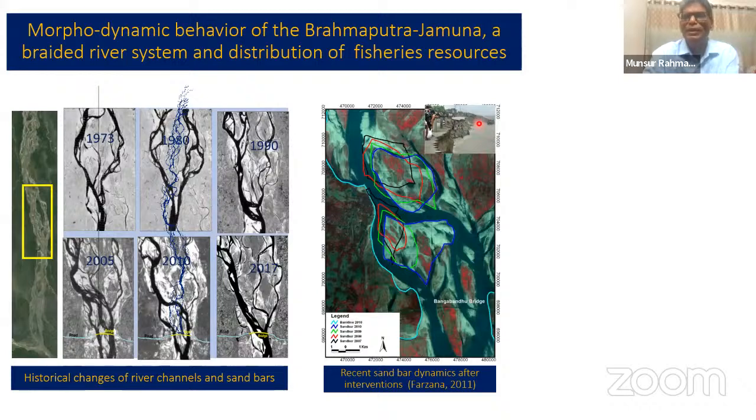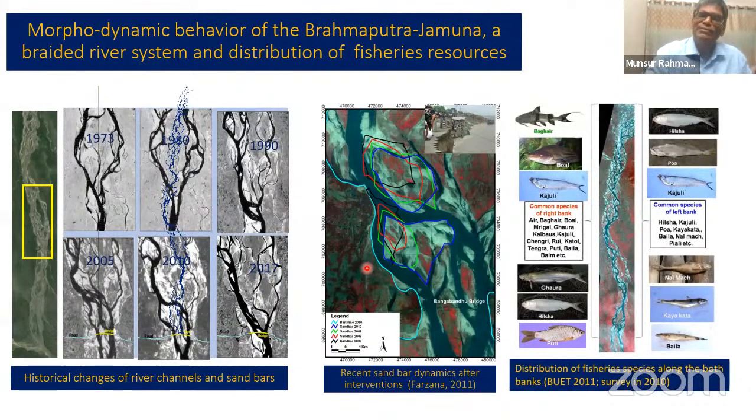At the same time, we found that this river is very, very rich in ecosystem. So there is a big dilemma actually. If we want to protect the river without thinking about this kind of diverse ecosystem, then we may create some irreversible damage.